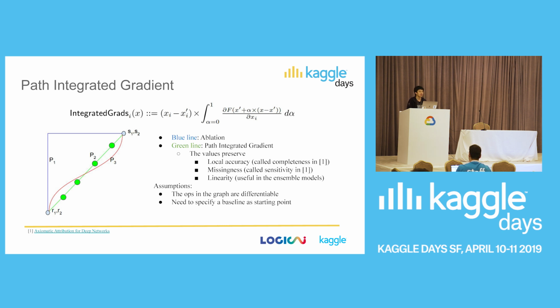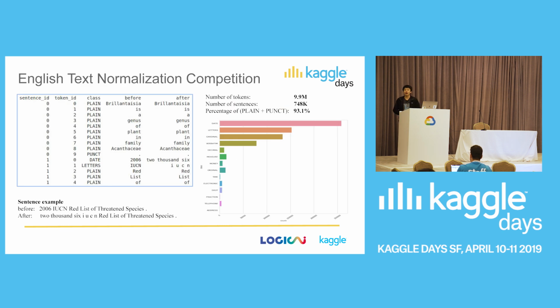All right. Now we have all the theory we need. Can we apply this algorithm to a real-world data set? Here I picked one of the Kaggle competitions, which is the text normalization competition. In this competition, you are asked to convert written-form English into spoken form.